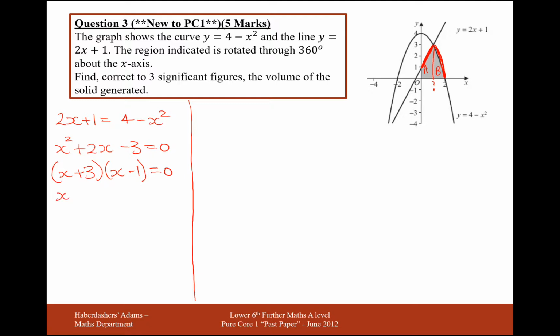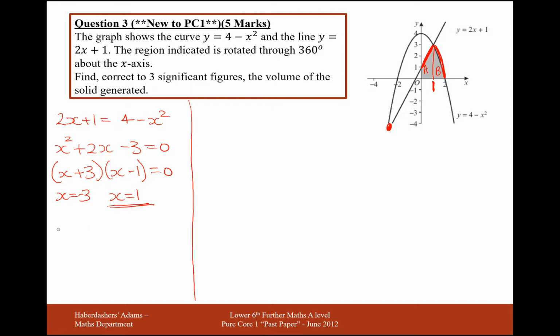Either x equals minus 3, which looks like it will happen down here, and we're not interested in that solution, or x equals 1, which we are interested in. So this coordinate here is x equals 1, and we're going to have to split up our integration from 0 to 1 and then 1 up to 2.